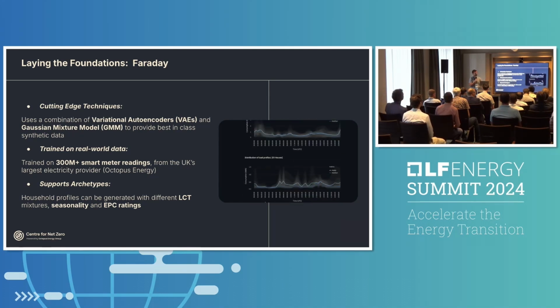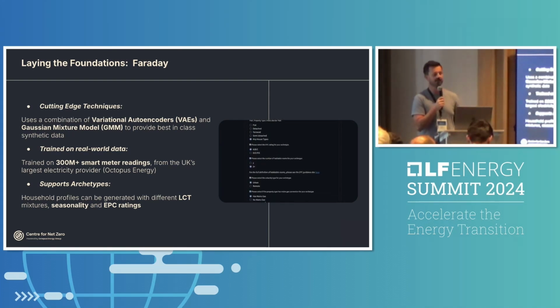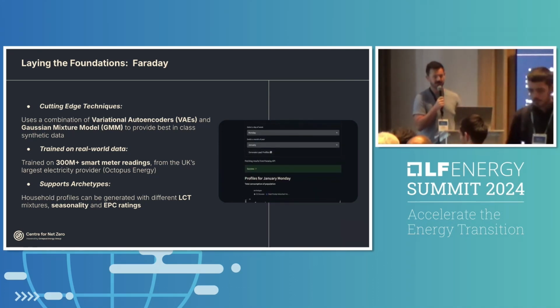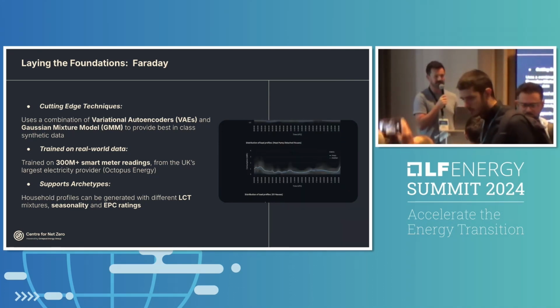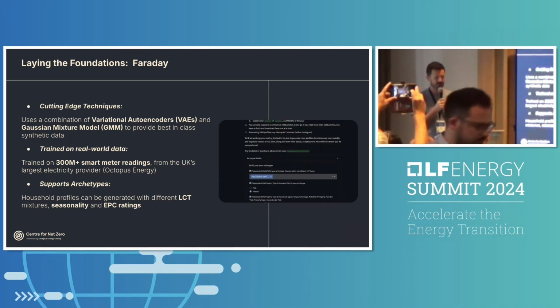And what that allows us to do is then model future scenarios. So imagining increasing the uptake of electric vehicles in a region to 100% and seeing how the demand in that area changes.